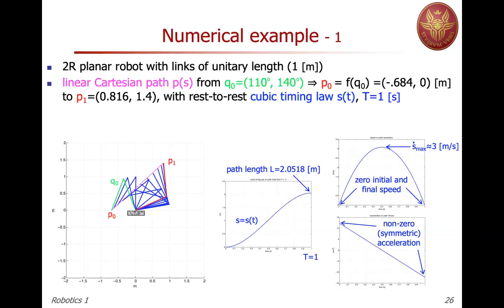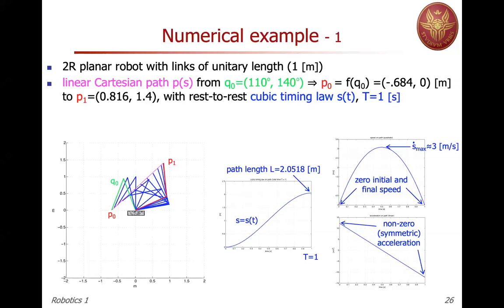Okay. So if we do this planning, the parameter s with respect to time will have a cubic profile in 1 second. It will go from 0 to the path length L, which is nothing else than the norm of the difference between P1 and P0, so the length of this linear segment. Because of the boundary conditions, s dot will start from 0 and end at 0, so it's a rest-to-rest motion, and the peak at the center can be computed in closed form, is about 3 meters per second.